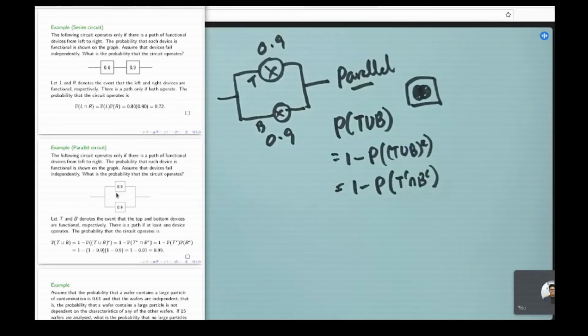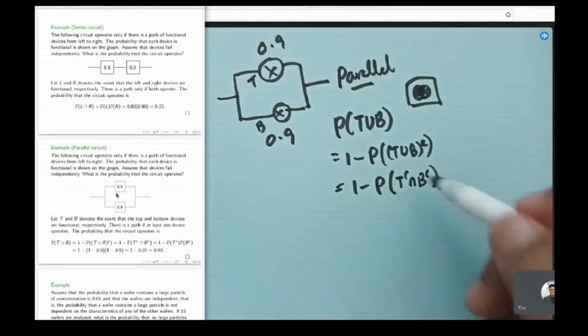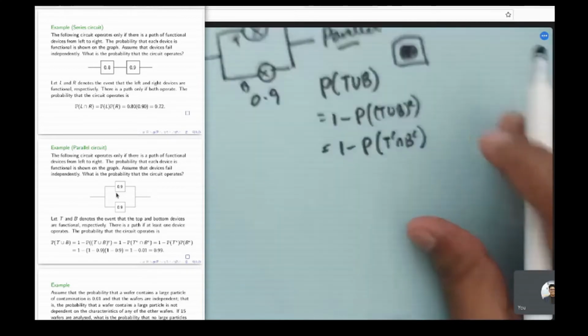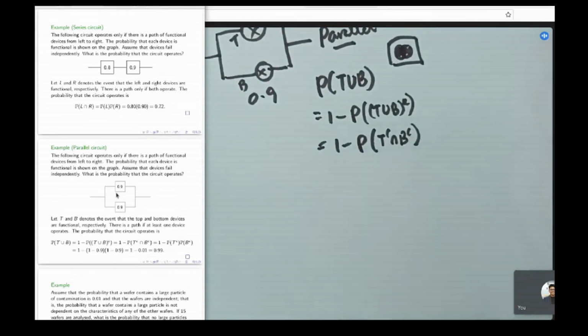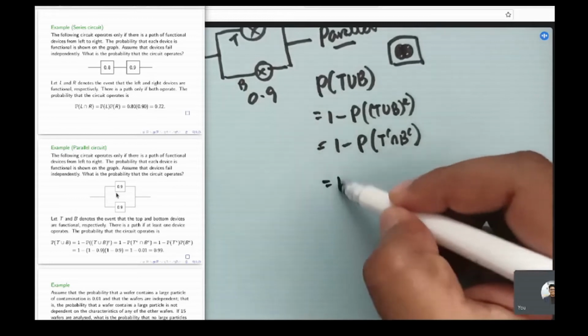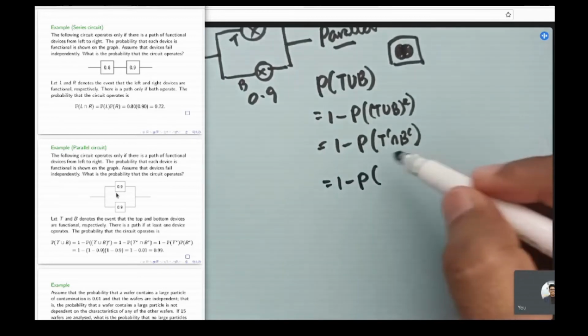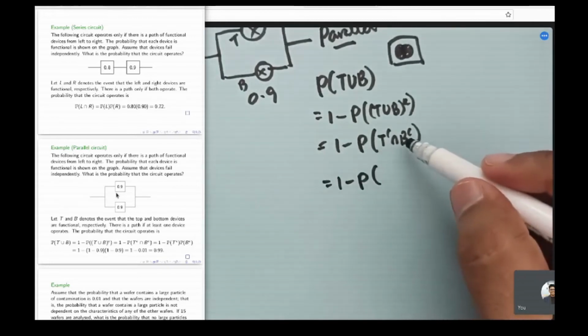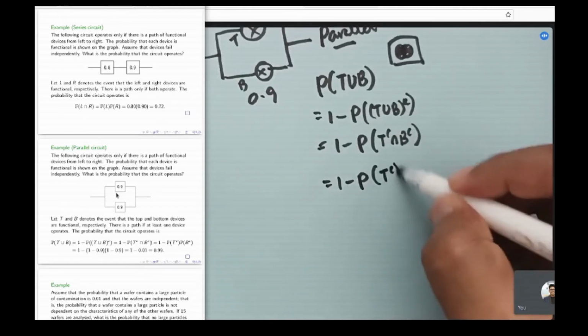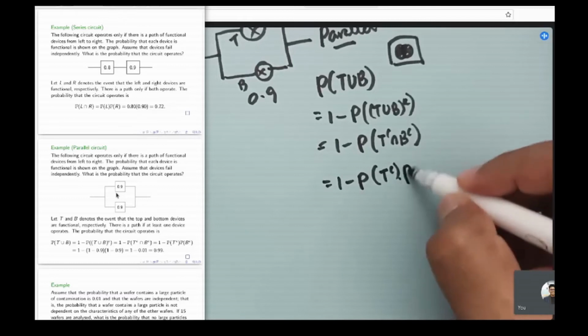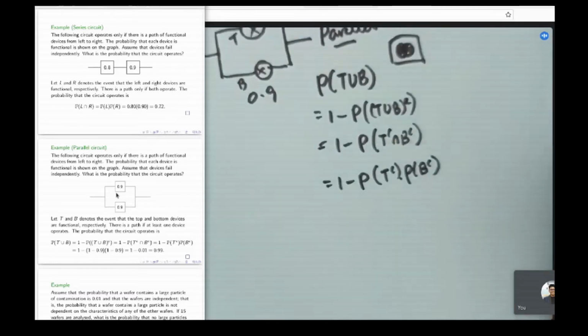Therefore, the condition is that the intersection between the T and B, the top and bottom, is equal to the multiplication of these probabilities, which means 1 minus P of T complement intersection B complement is equal to the probability of T complement times the probability of B complement.